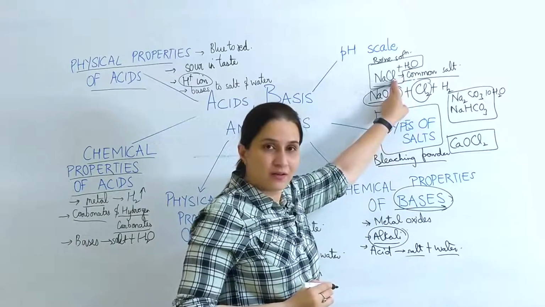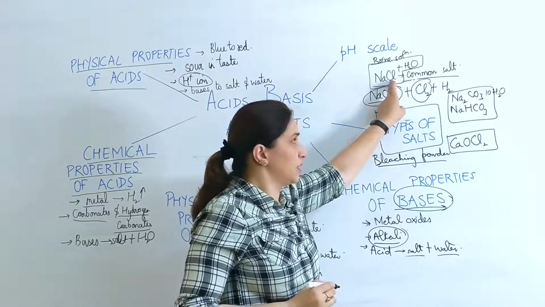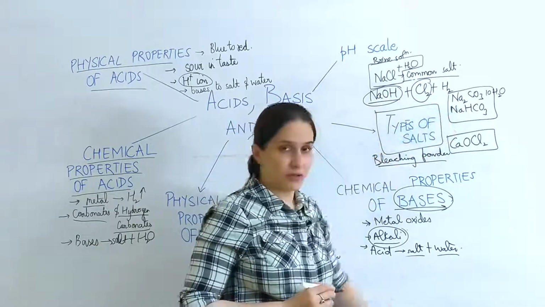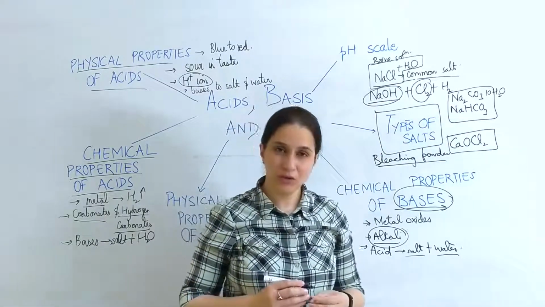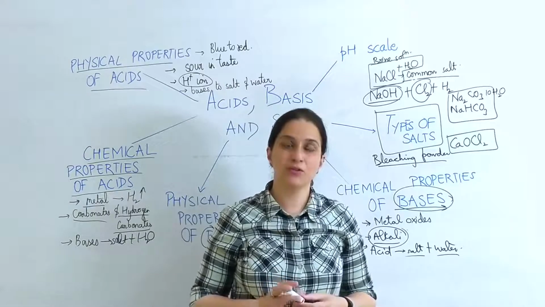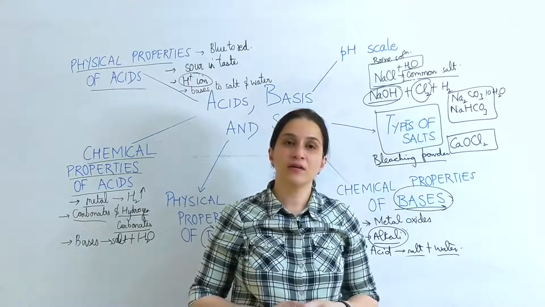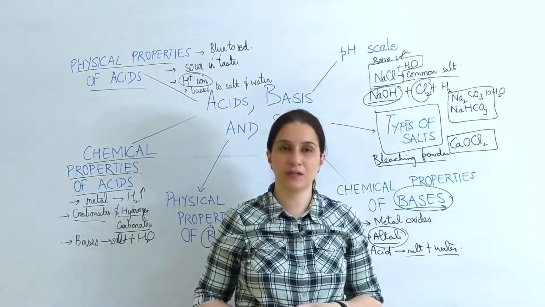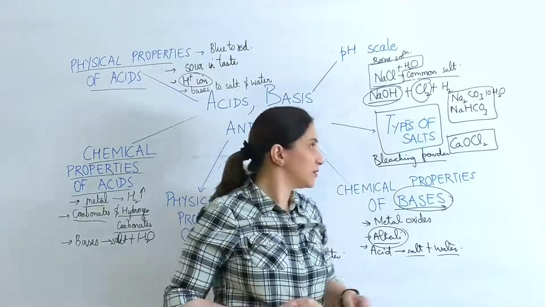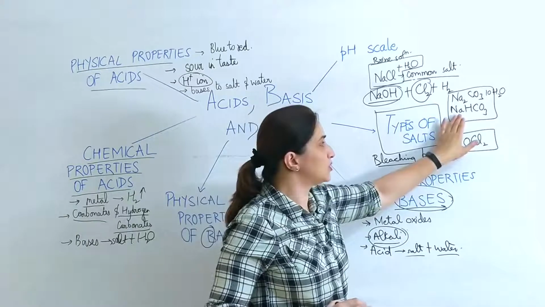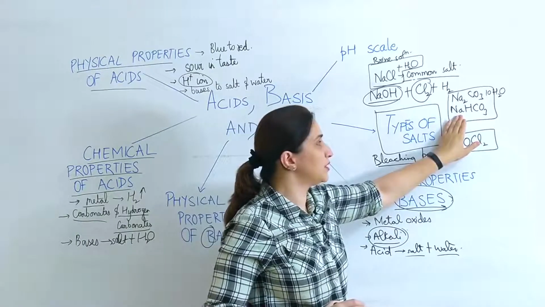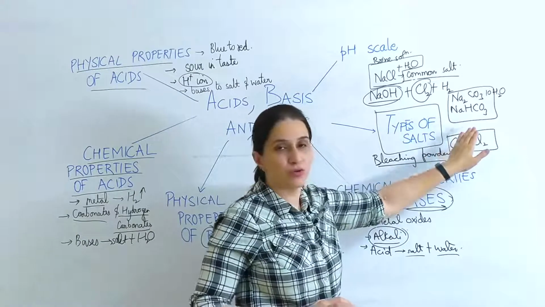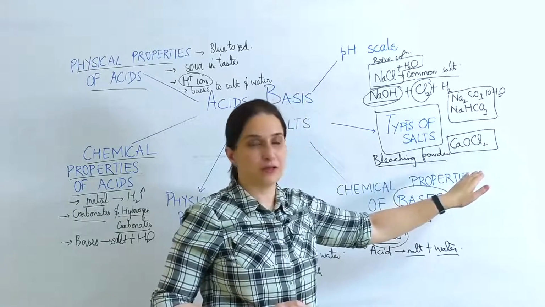When ammonia is passed through this brine solution, this results in formation of sodium hydrogen carbonate. Sodium hydrogen carbonate is your baking soda. Baking soda is converted into baking powder by addition of tartaric acid. And this baking powder is used in the baking industry as it releases CO2, which makes the dough fluffy.